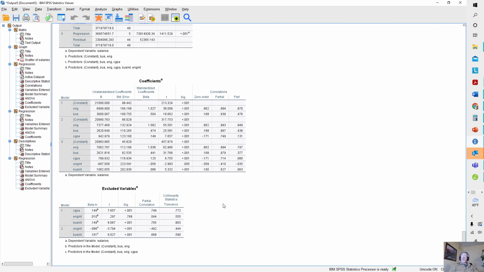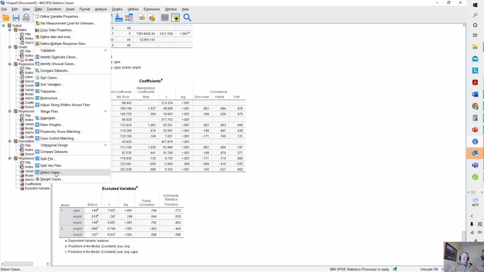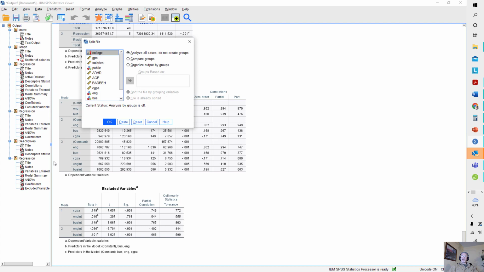Okay, so when you have an interaction effect, just like in ANOVA where you should look at the simple main effects, here we should look at the simple slopes. How do we get the simple slopes? There's an easy way to do that in SPSS, and that is just go to data, do a split file command, and when you split the file, you're going to compare the groups across colleges.